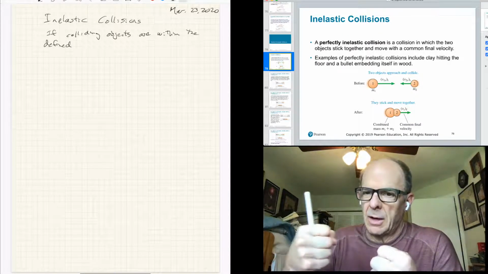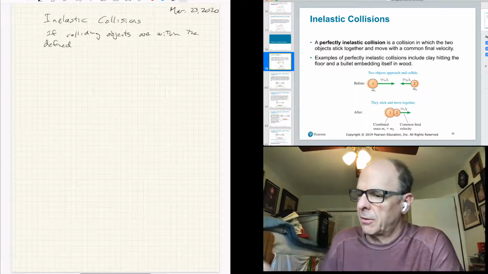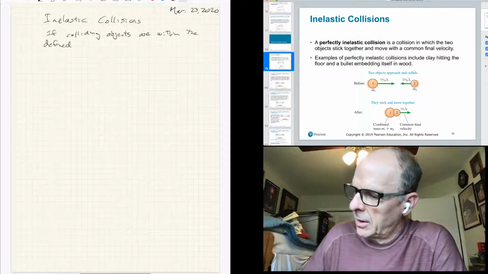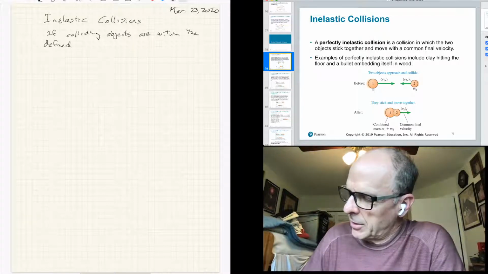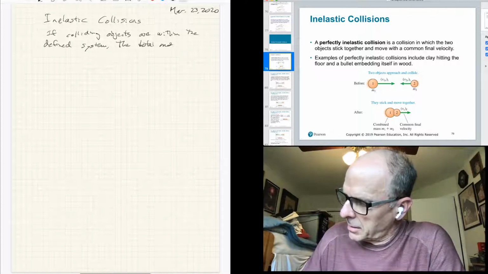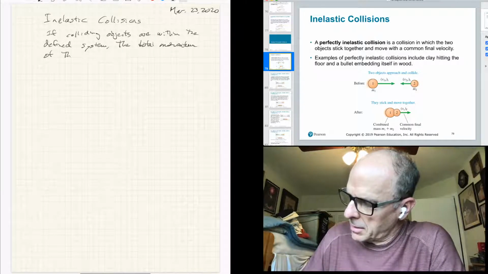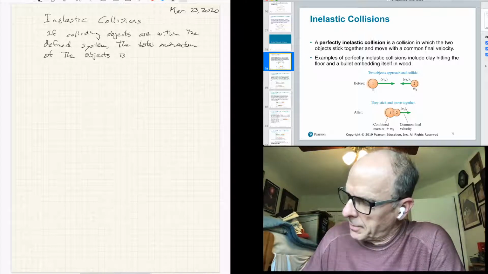So one thing hits another, that's a force on that, but there's an equal and opposite force so that the total momentum of the system is maintained. So if colliding objects are within the defined system, the total momentum of the objects is not changed by the collision.